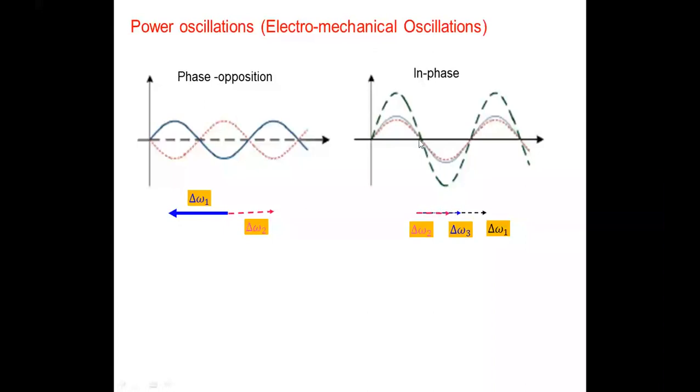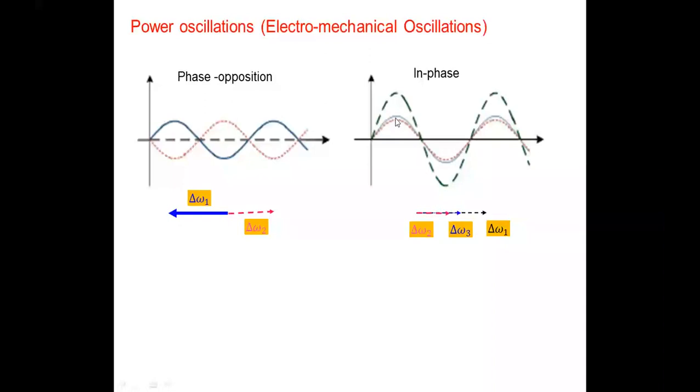This is one cycle of swing, and all the generators follow the same swing. But one generator will be oscillating dominantly because its amplitude of oscillation is much more, whereas the other two generators have a lesser amplitude.